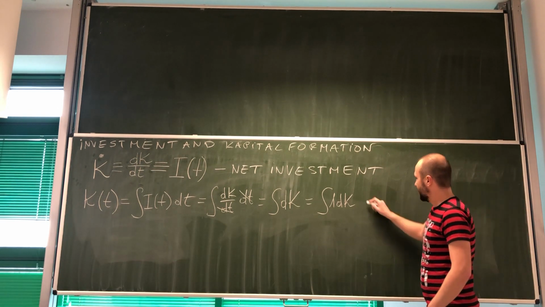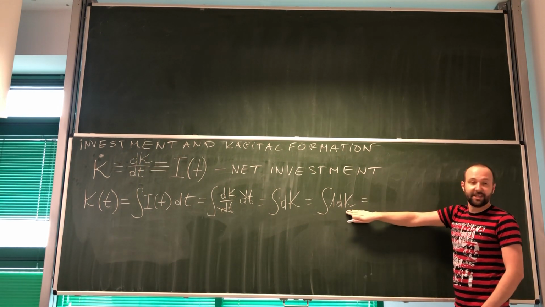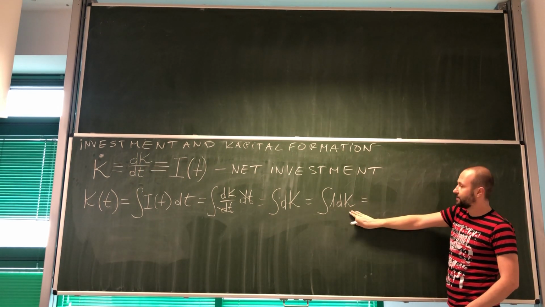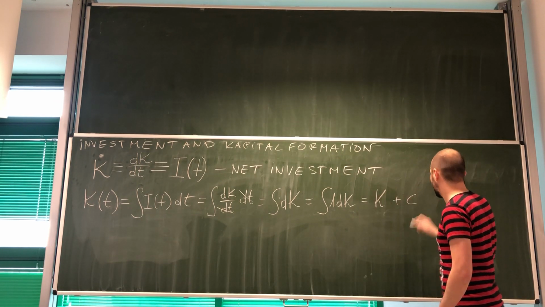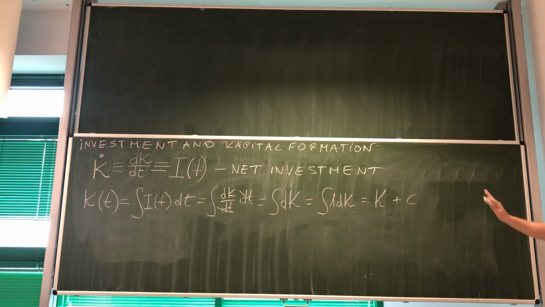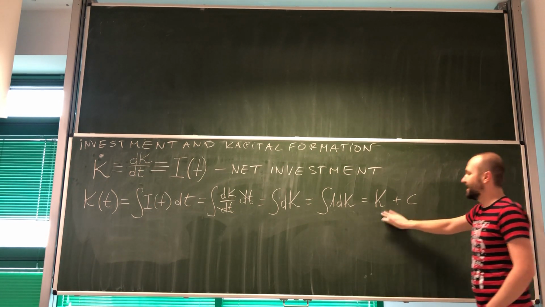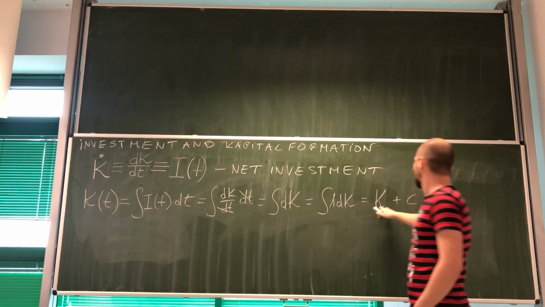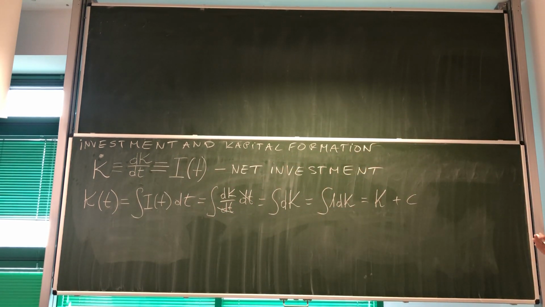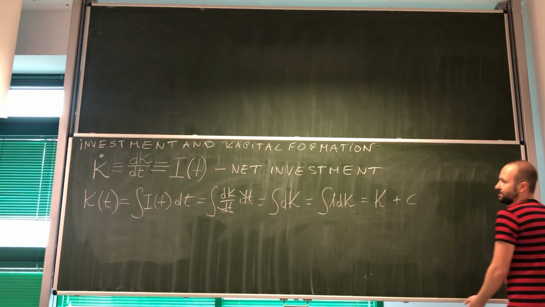So if I'm integrating 1 with respect to K, I'm just getting K, of course, plus C. And because in our case K is a function of time, as you see, all of this is combining very nicely together.